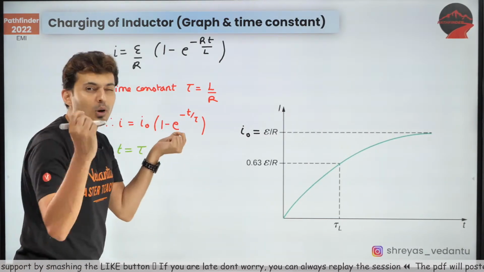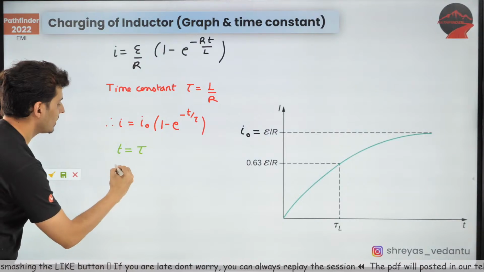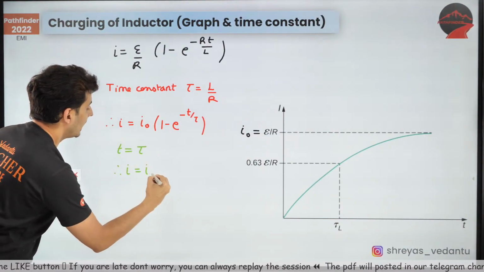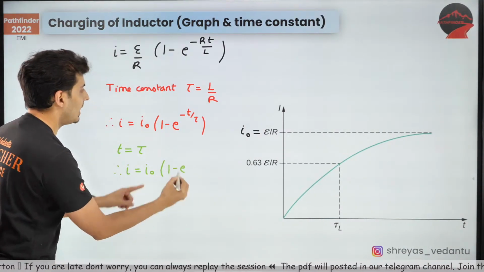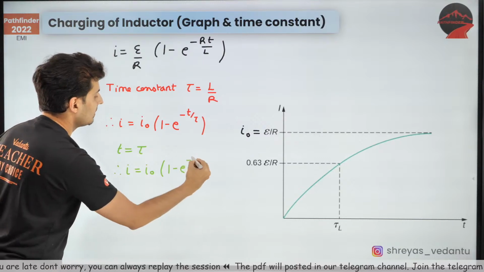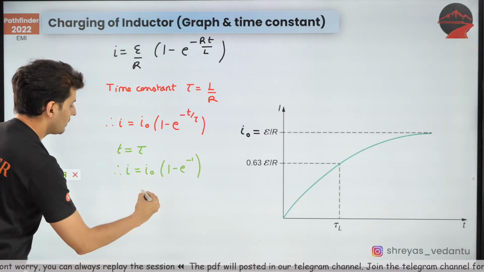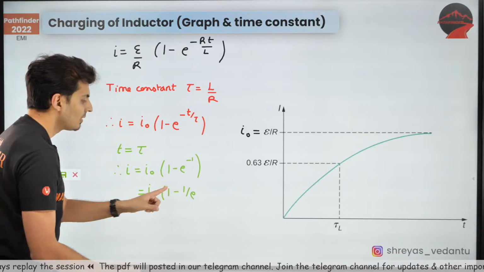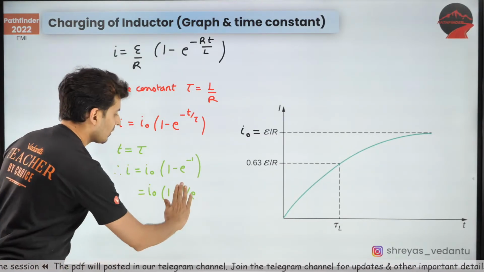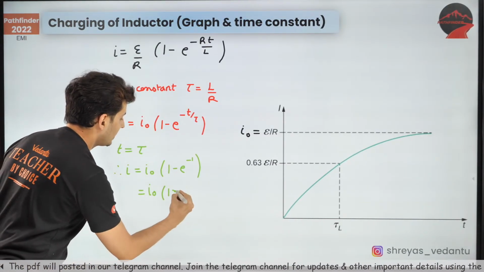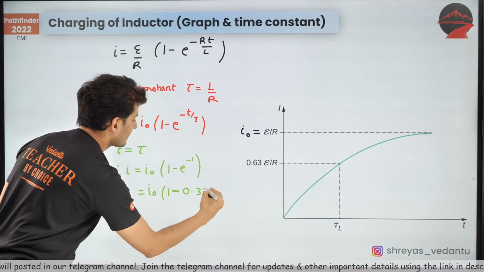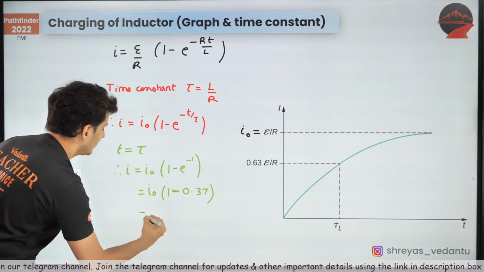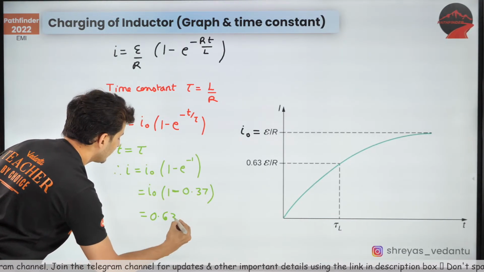If I wait for one time constant, what will this equation become? It will become I naught 1 minus e to the power, t is equal to tau, so it will become e raised to minus 1. Therefore, it will become I naught 1 minus 1 by e. What did I tell you 1 by e was? 1 by e was nothing but 0.37. 1 minus 0.37 is 0.63.